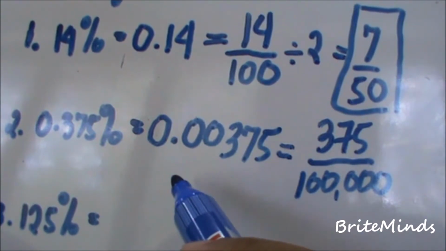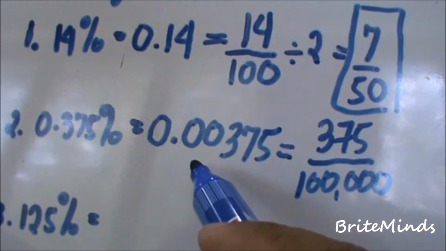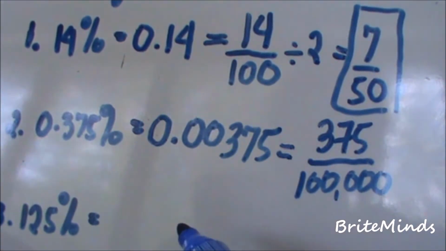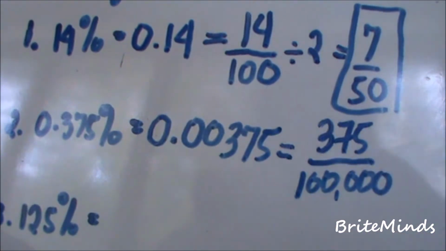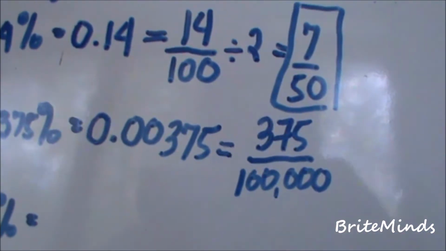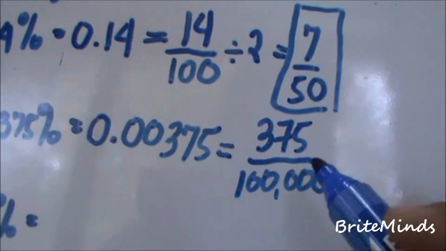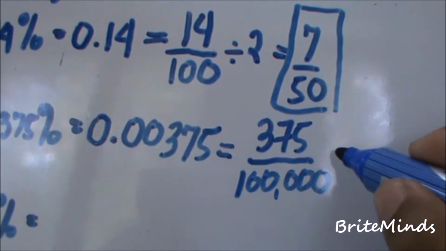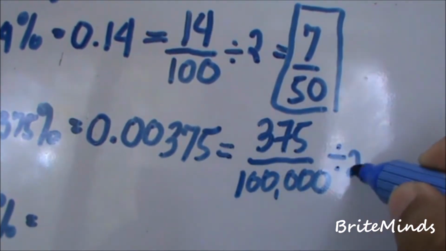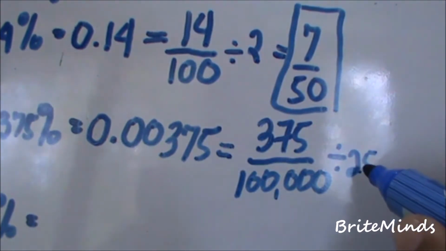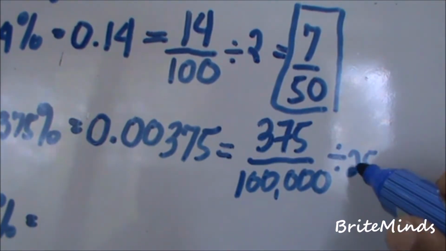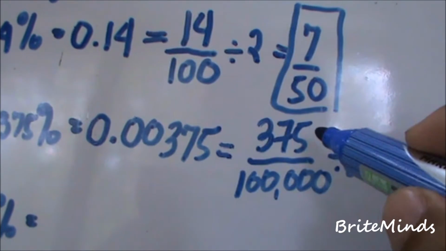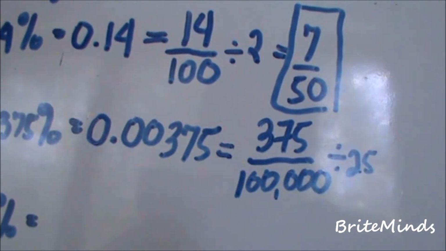Our fraction we need to reduce to lowest terms, so we can divide it by 25. 25 is the common factor that can divide both 375 and 100,000.